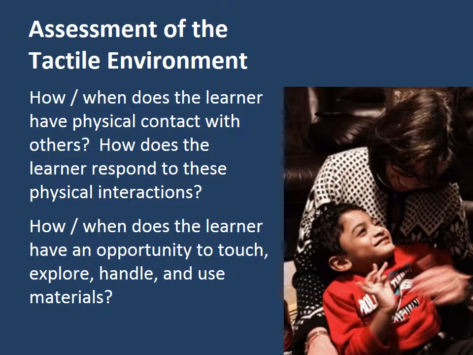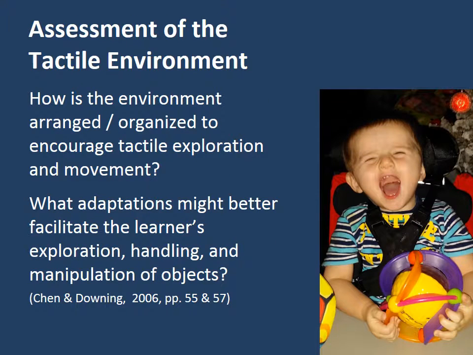And then the next thing is looking at the materials. How does the learner explore the materials? What are those materials that the learner connects with? And then how do they use them? Looking to this part, it's how is the environment arranged? So first it's the people, then it's the things, and then it's the place. What is the environment that the learner is in? How is it organized?